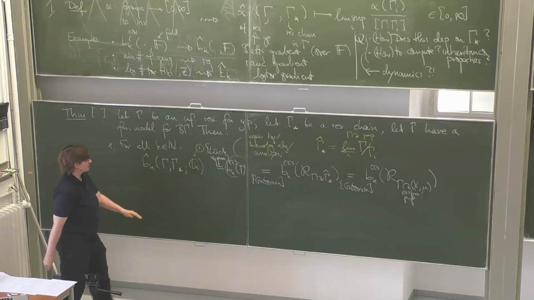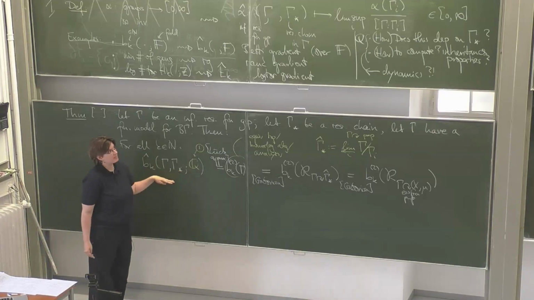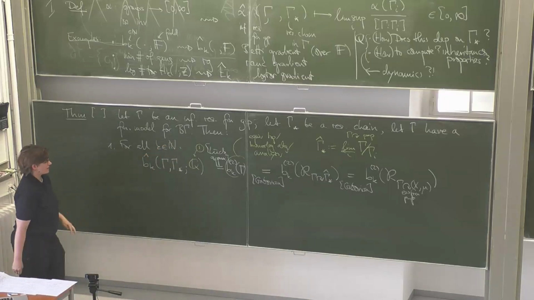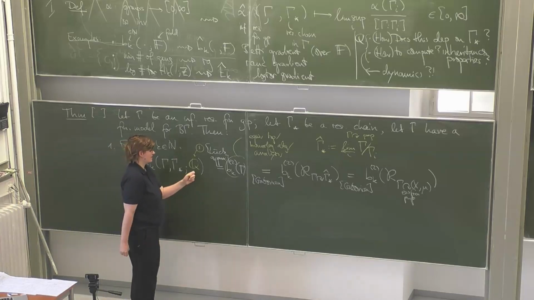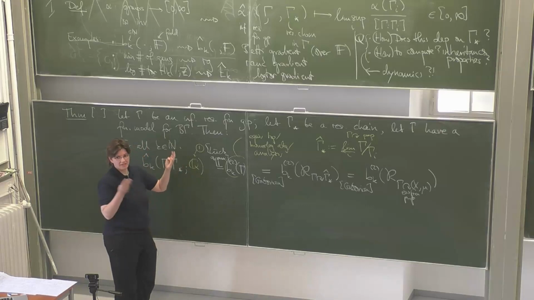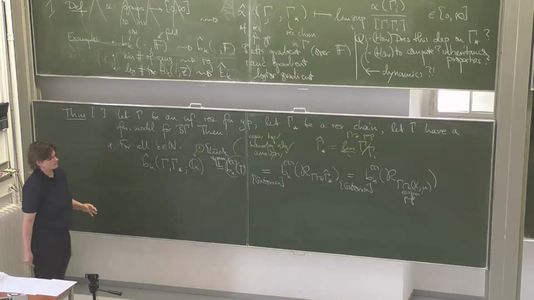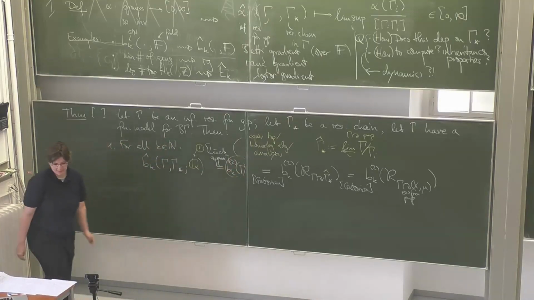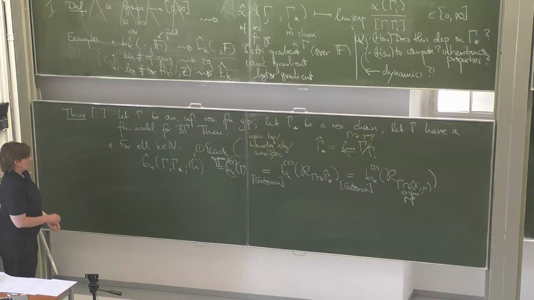In particular, this thing here is independent of the residual chain that we started with. Okay, so it's a little miracle. I emphasize that you should use Q here, because if you, for example, take finite field coefficients, then the situation is much more mysterious, and it's not clear what you should put on the right-hand side.